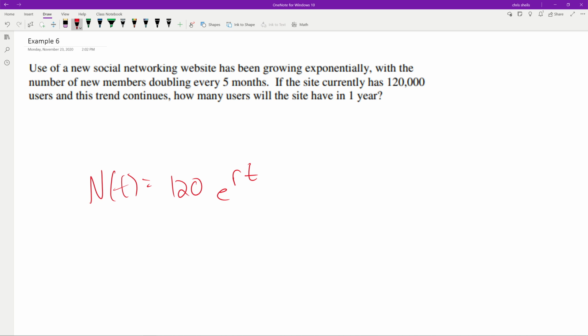So I could simplify this a little bit, right? This says the number of new members doubles every 5 months. So actually this 120 doesn't matter, right? What I really want here is 2 is equal to e to the 5r.